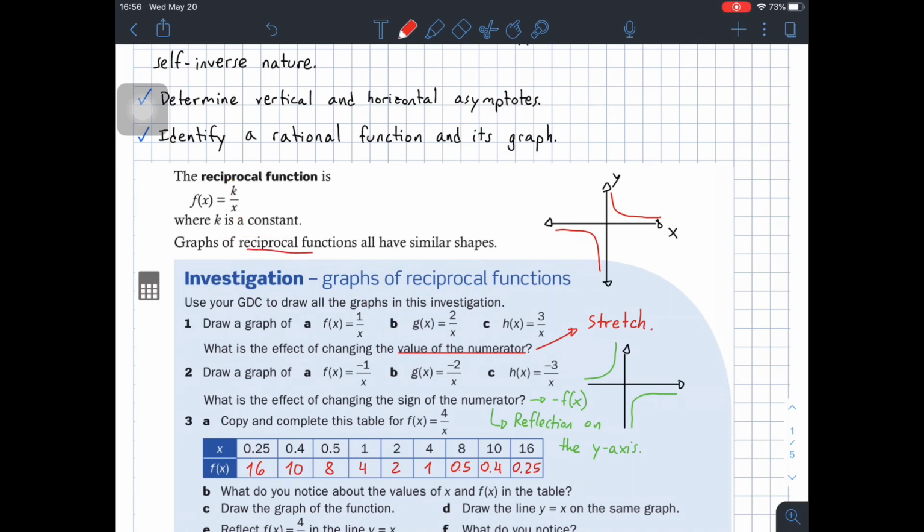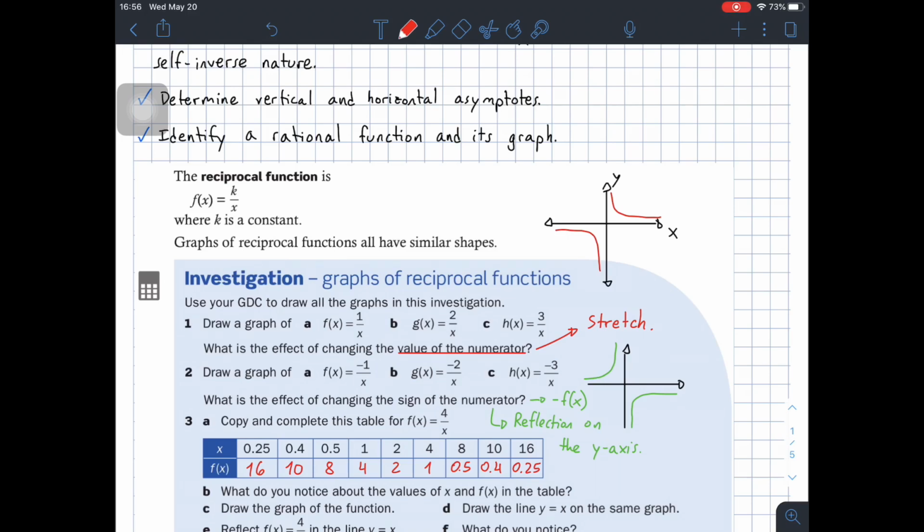The graphs of reciprocal functions all have similar shapes. Just to give you an idea, this is the general shape of a reciprocal function. This part over here and this part over here are known as hyperbolas. So this is the shape of a rational function.